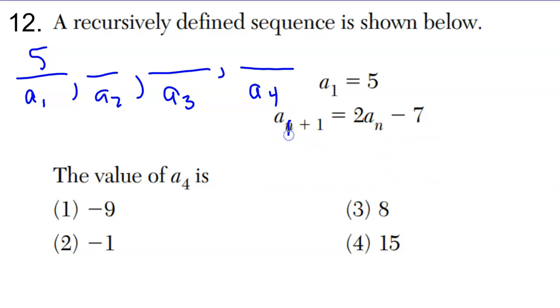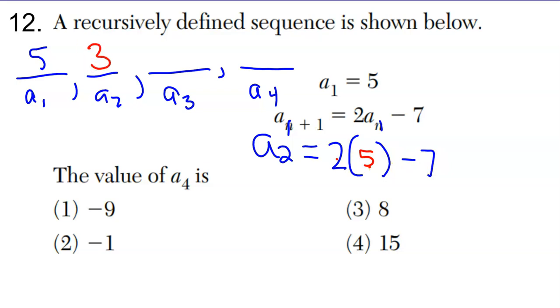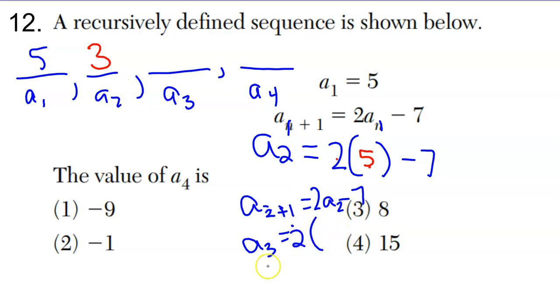Let's put a 1 here. The answer for a sub 2 is 2 times the answer for a sub 1 minus 7. And the answer for a sub 1 is 5. So 2 times 5 is 10. 10 minus 7 is 3. Now the answer for a sub 2 plus 1, also known as a sub 3, is 2 times a sub 2, I'm plugging in a 2 here, minus 7. 2 times a sub 2 is 3, minus 7.